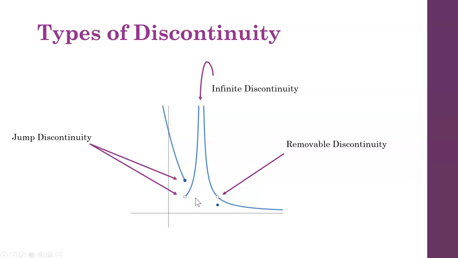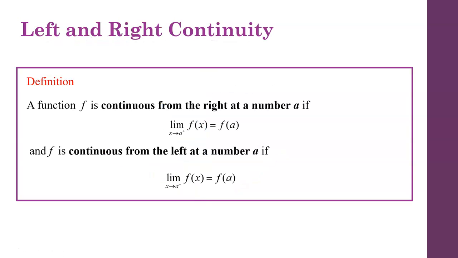So we refer to those as being either left continuous or right continuous, depending on which limit matches the value of the function, right? So it's right continuous if the limit from the right matches the value of the function, and it is left continuous if the limit from the left matches the value of the function.